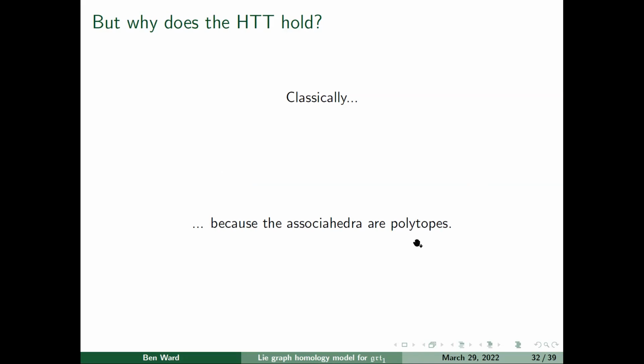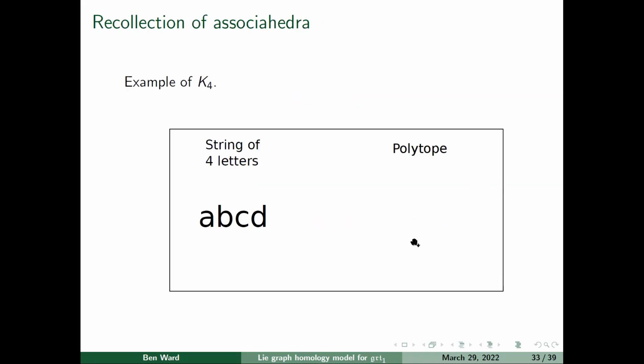So let me show you that there's some polytopes under the hood here as well. First, maybe I should recall associahedra. And I'll do this very, very quickly. Here I have 4 letters, A, B, C, and D. Here's a way to parenthesize those 4 letters.